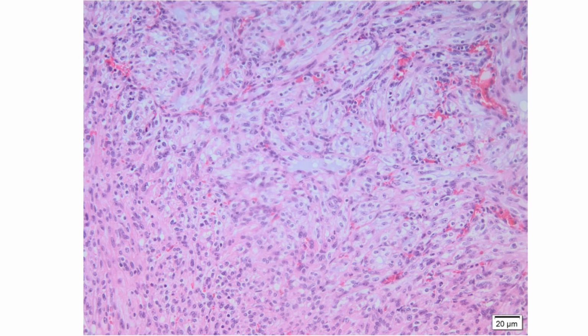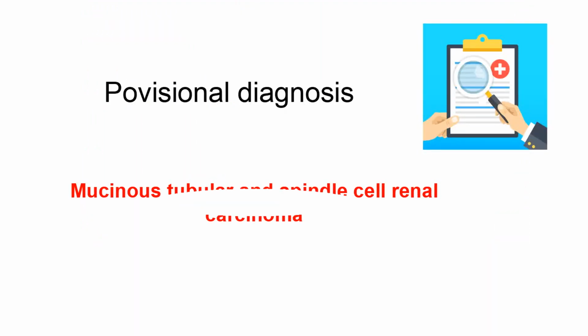The three main findings we found are the tubules with bland-looking lining epithelium, and spindle cell areas together with myxoid stroma, which led us to a provisional diagnosis of mucinous tubular and spindle cell renal carcinoma.